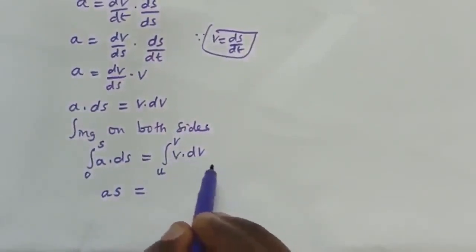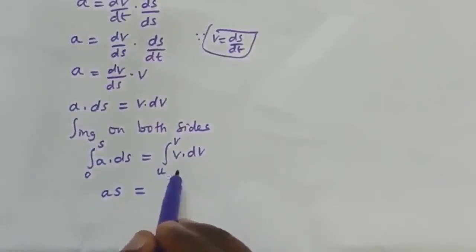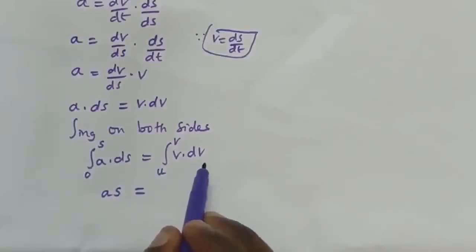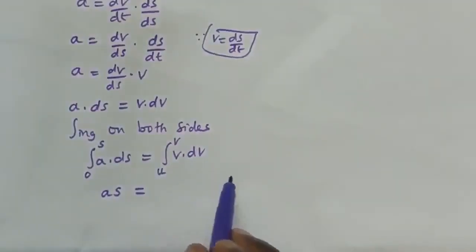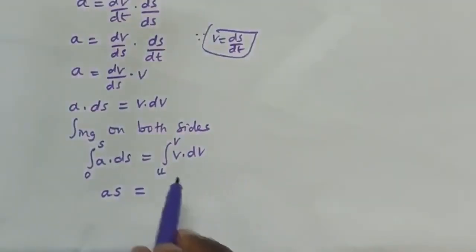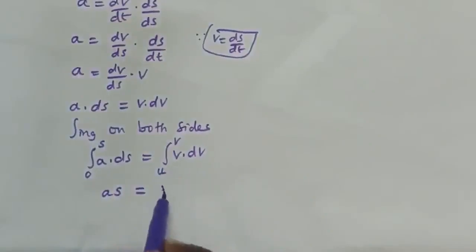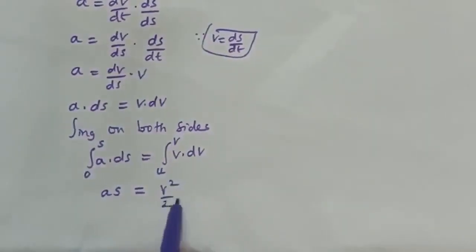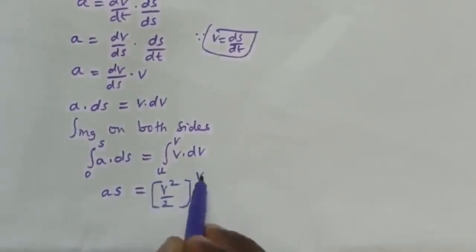Using the integrating formula, x power n dx is equal to x power n plus 1 divided by n plus 1, that equation we use here. Therefore v square by 2. What is the integrating limit? u to v.